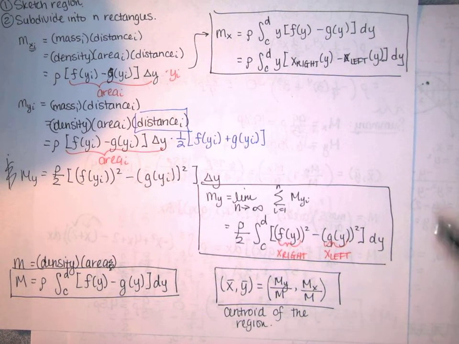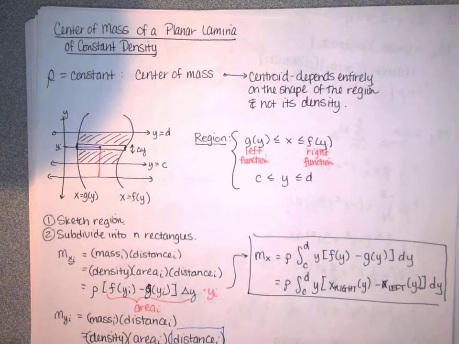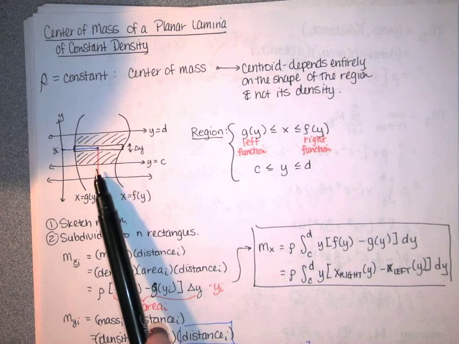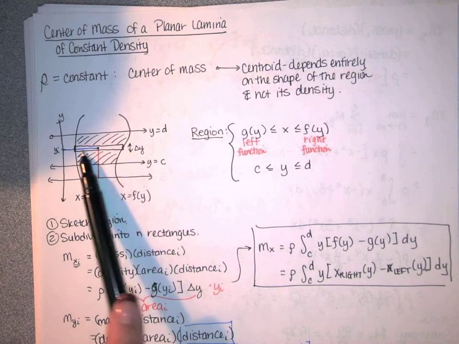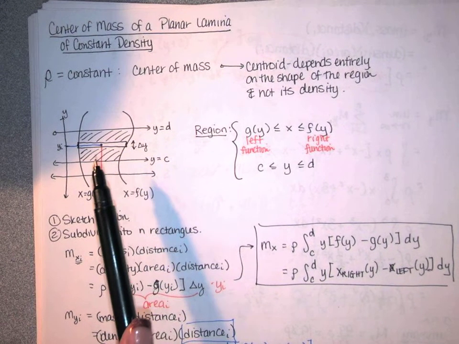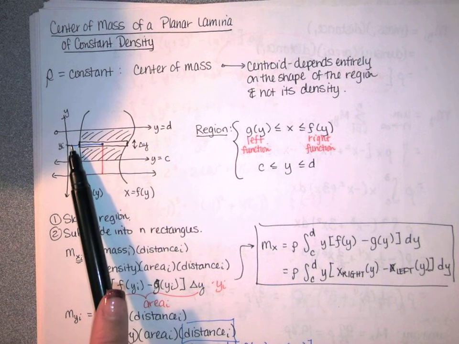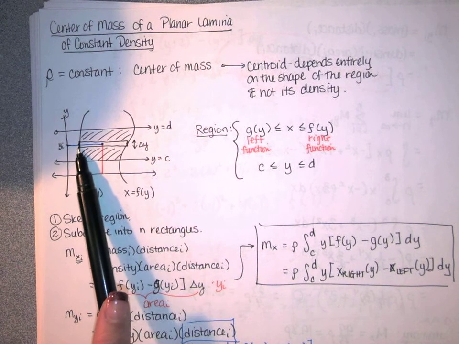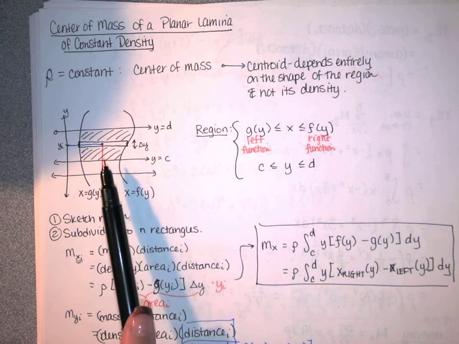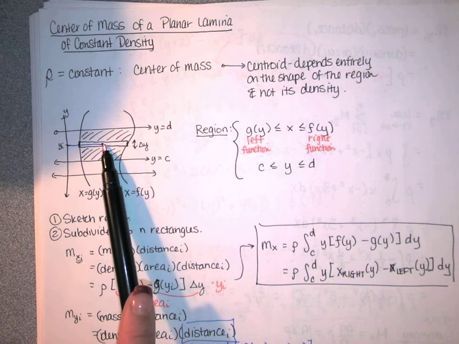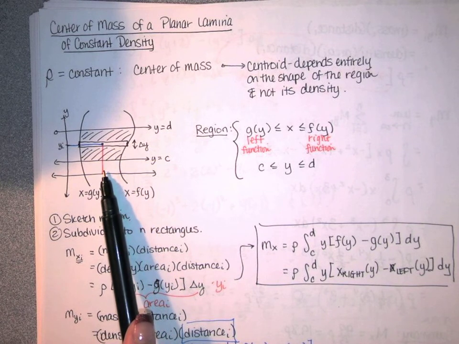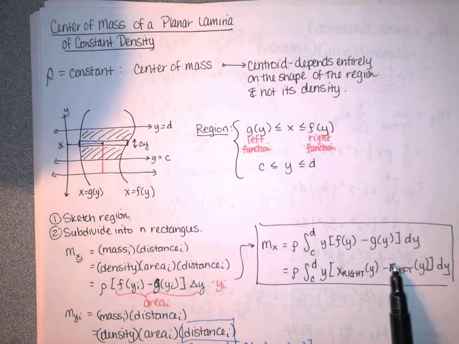Now, you can memorize this if you want to, but the pictures will tell you what to do. You're always just going to draw a rectangle in there, and the moment about the x-axis is the area of that rectangle, which is x right minus x left times delta y, times that distance to the x-axis, which is y. So that gets me this formula.